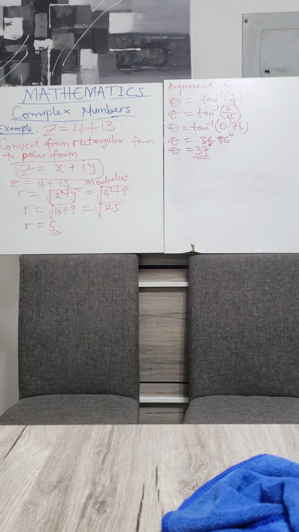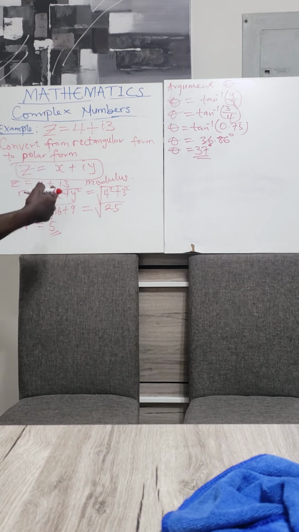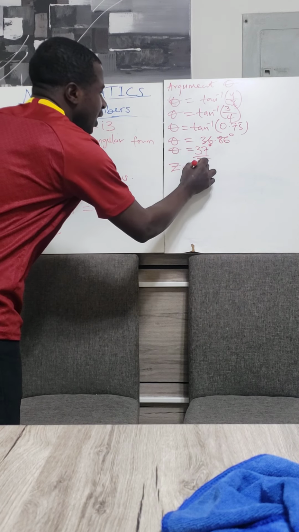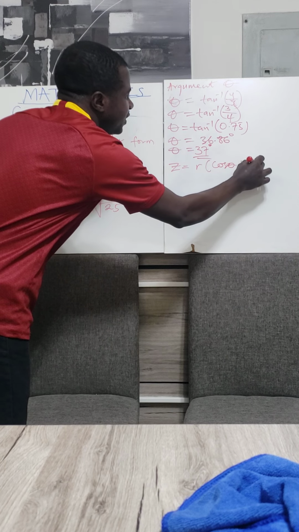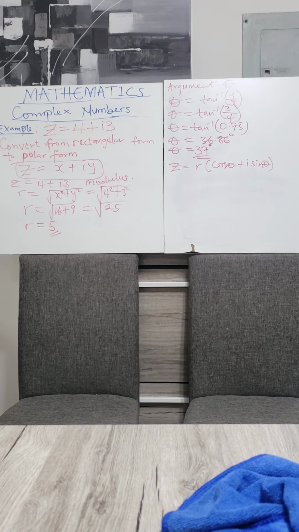Now our work is easier. We want to convert the rectangular form of the complex number to polar form. The polar form of a complex number is written in this way: r cos theta plus i sin theta. Let us substitute correctly, r for r, theta for theta.